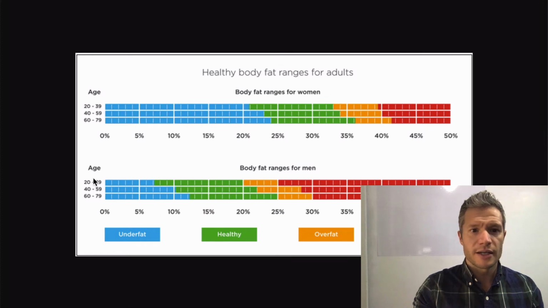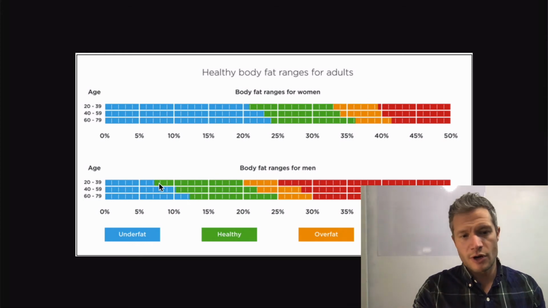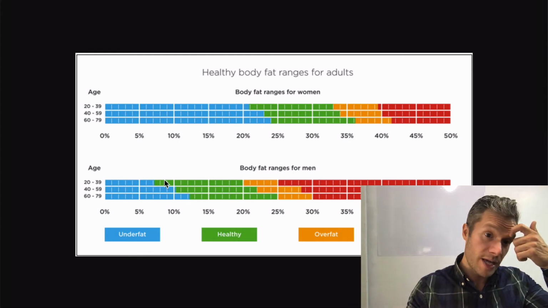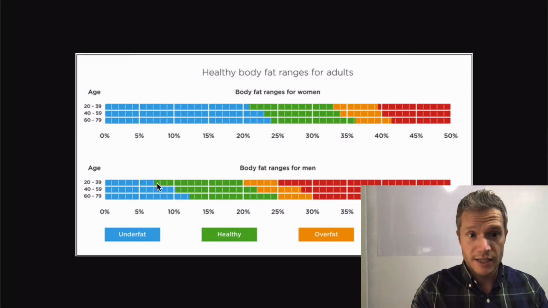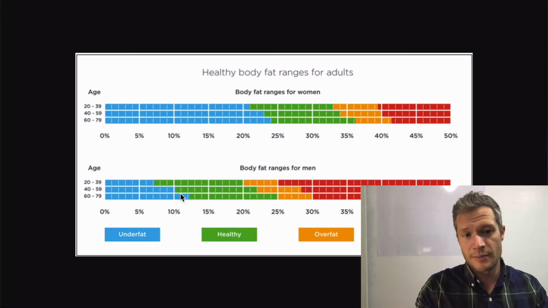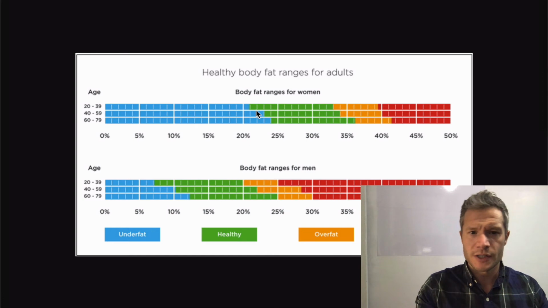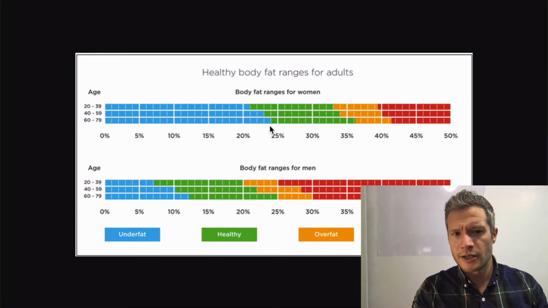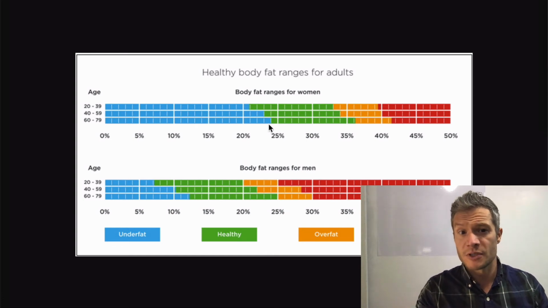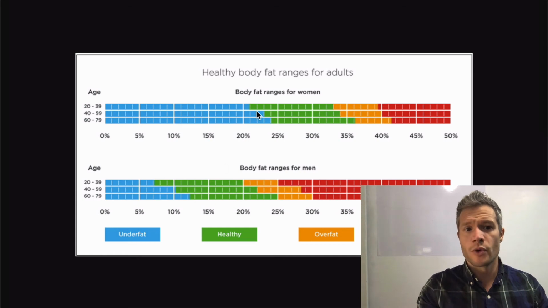Depending on age, but looking generally across all age cohorts here for men, you'll see let's say about 8 to 12%. That's the border between under fat and healthy. Now women, across all, you're still looking at like 22 to 25% as that same border, okay?